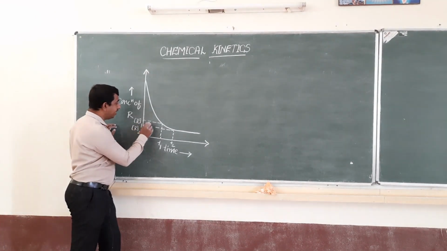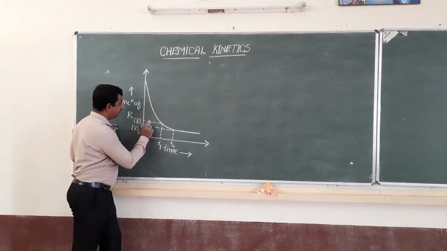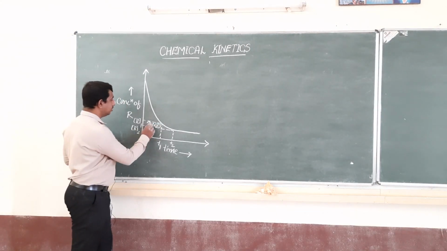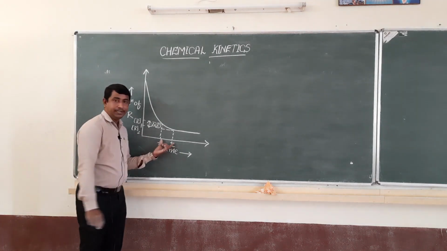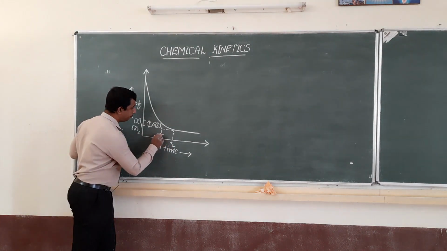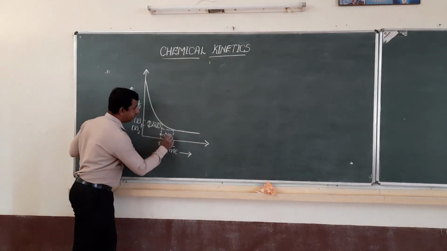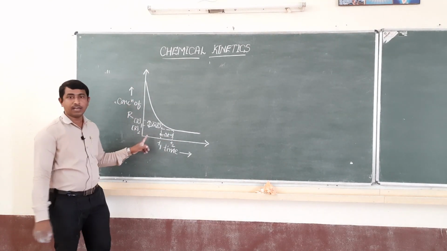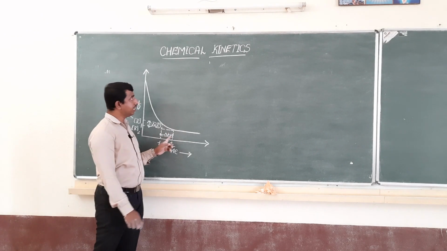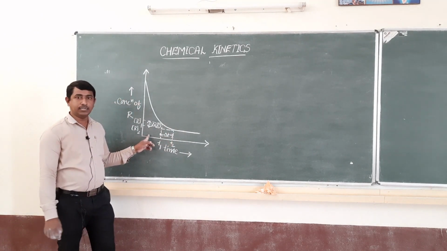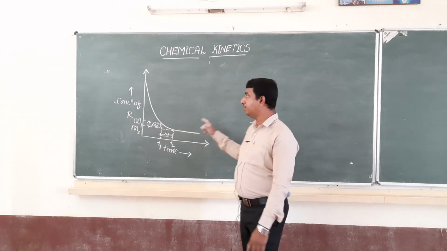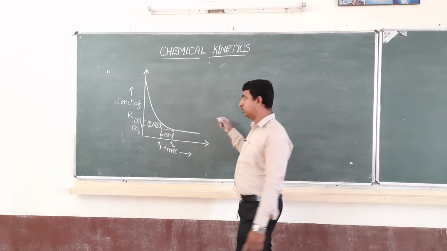Now this difference is taken as delta R, which is a negative quantity. This gap, T2 minus T1, is delta T. Now this is the graphical representation of reaction rate in terms of the reactant R. Similarly, we can represent the rate of a reaction by taking the product also.